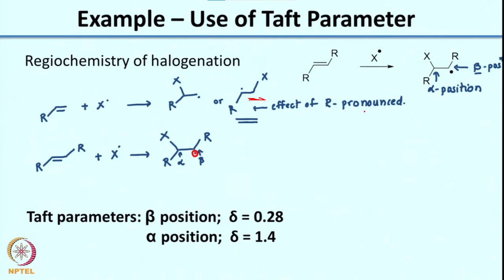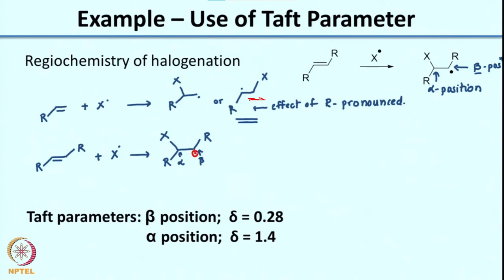Now, this is the alpha position and this is the beta position. This is the case where the substituent R is present on only one side. Now when the substituent R is present on both sides, the radical stability becomes similar, but the trapping of the X radical will take place here. Now here the beta radical will generate, correct?